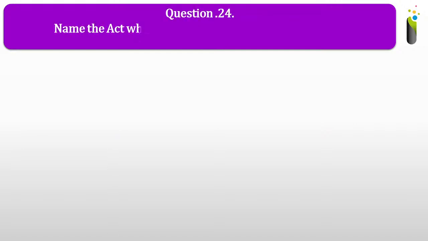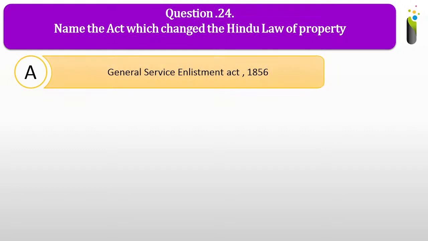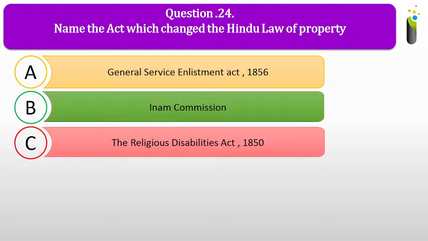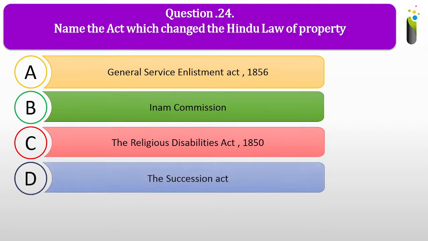Question number 24. Name the act which changed the Hindu law of property. A. General Service Enlistment Act 1856, B. Inam Commission, C. The Religious Disabilities Act 1850, D. The Succession Act.